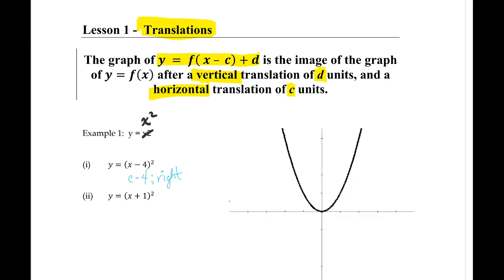You may have found that last year in grade 11. So I'm going to move from (0, 0) to (4, 0). Otherwise, my shape should be exactly the same. So I'm going up 1 over 1, just like my parent function, and then 2 and 4. So you'll notice that they actually do still share a value.